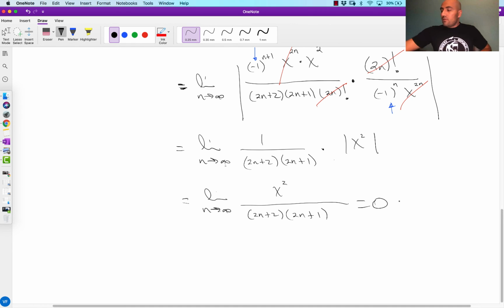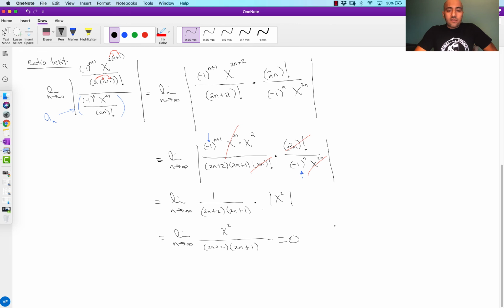And okay, don't forget that the whole point of this is that we were doing the ratio test. And so by the ratio test, we know that whenever we get a value that is less than 1, then it's going to converge, right?